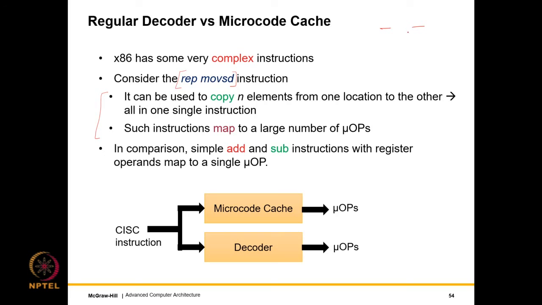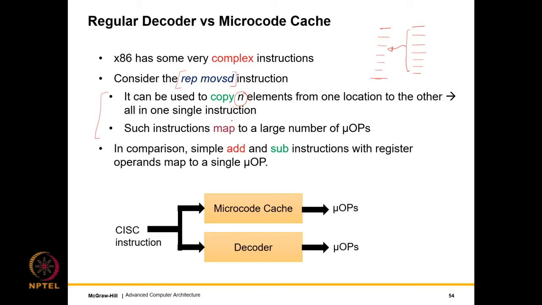From one memory location, we can take a bunch of data, and how many elements? Well, n itself is stored in another register, which is also implicit. All of this data is moved to another memory location. So it just copies one array of bytes to another array, and this is achieved by a single instruction.